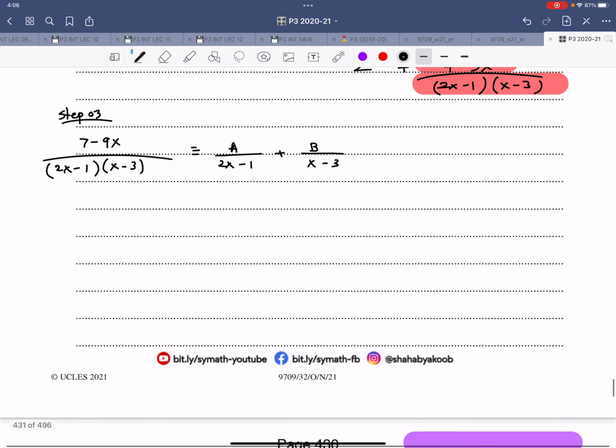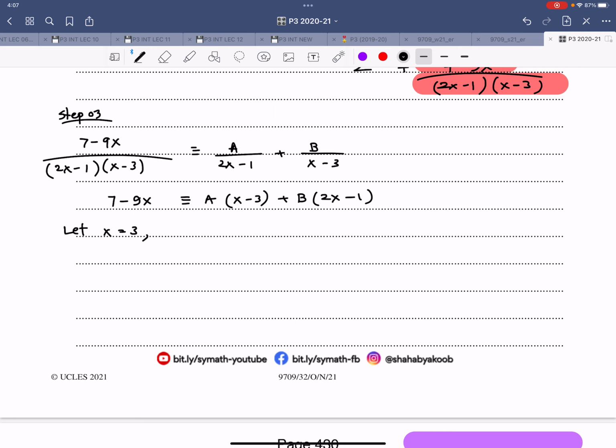Take LCM. 7 minus 9x is identical to a multiplied with x minus 3 and b multiplied with 2x minus 1. Let us choose x equals 3 because a will disappear. 9 3s are 27. 7 minus 27 is negative 20. And 2 into 3 is 6, 6 minus 1 is 5, that is 5b.